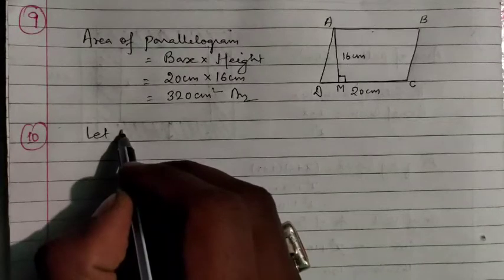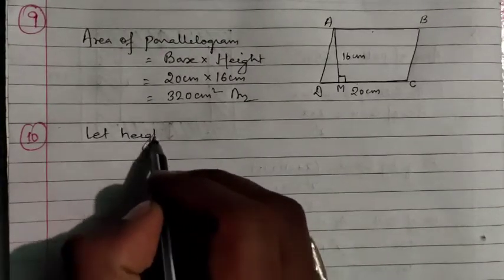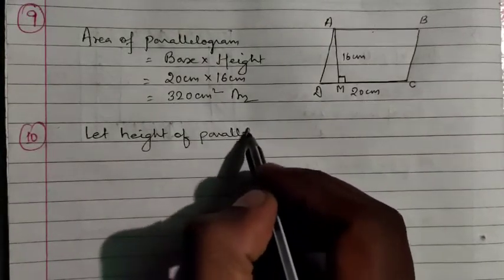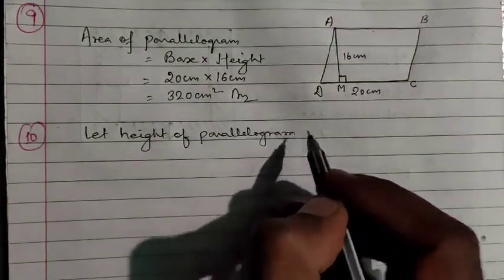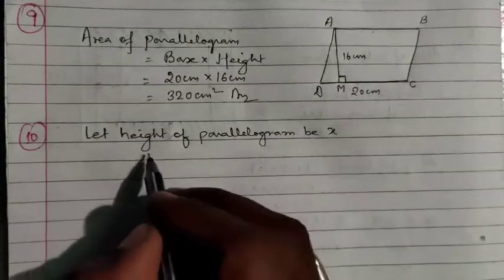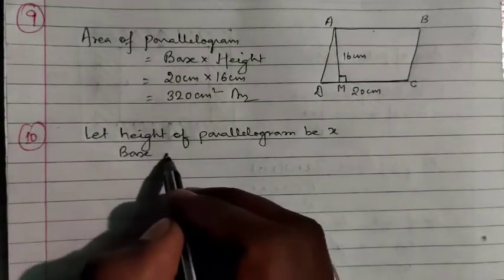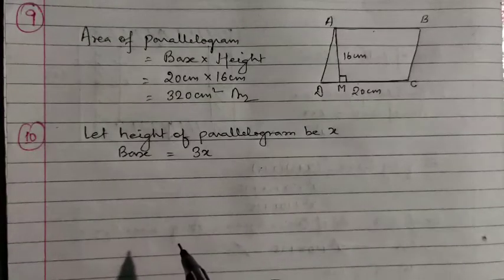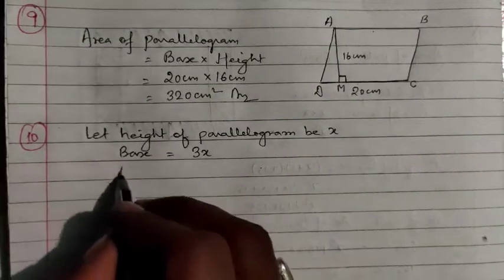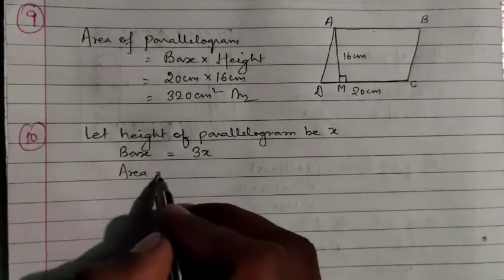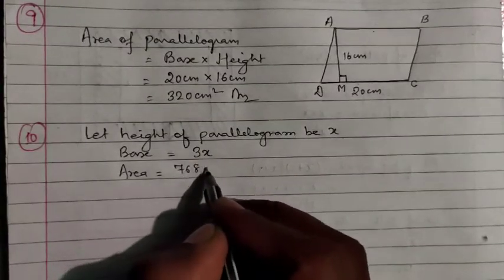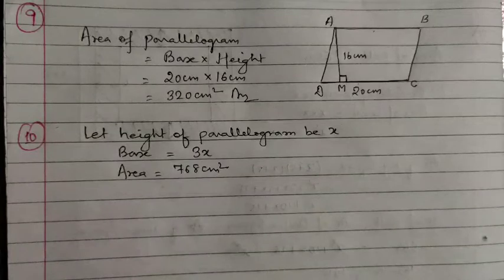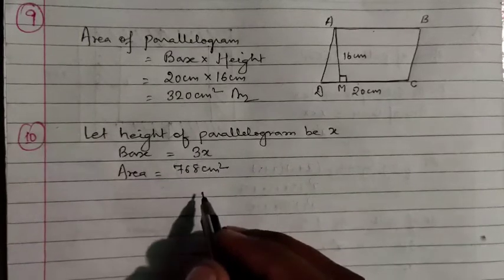Let height of parallelogram be x. Then base will be thrice, it means 3 times, 3x. Now its area is also given. Area of parallelogram is given 768 centimeter square. Find the base and height of the parallelogram. We have to calculate the base and height.